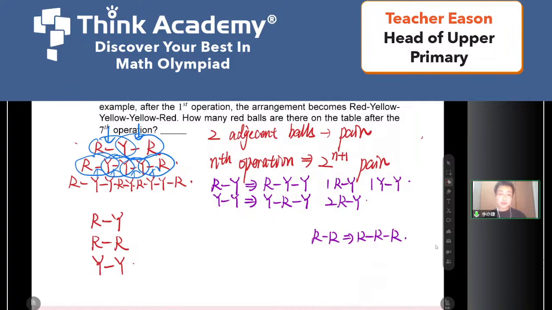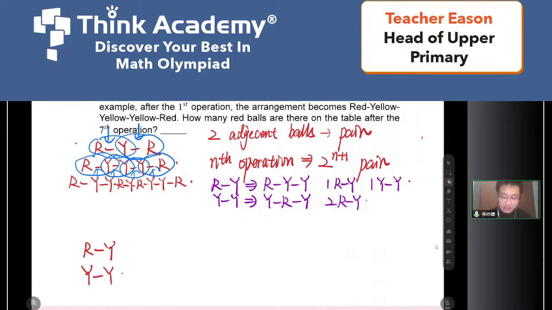What about red red? There cannot be red red, because red red must come from an original red red. Originally there is no red red, which means in the end there will be no red red. So we just want to calculate the number of red yellows and yellow yellows in each step.